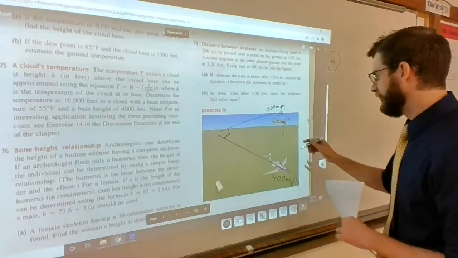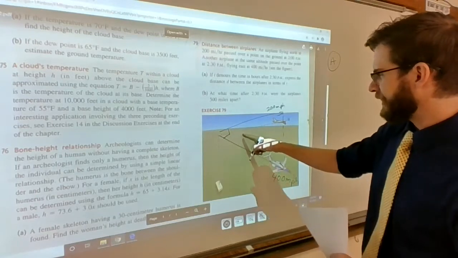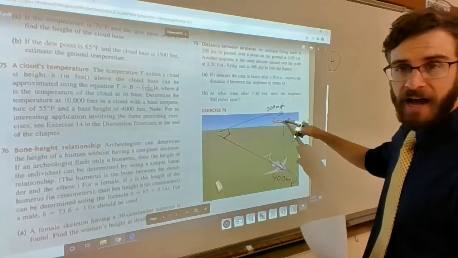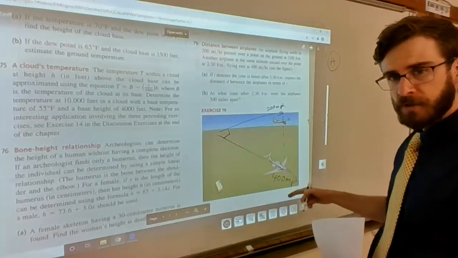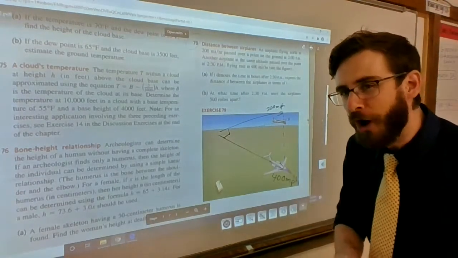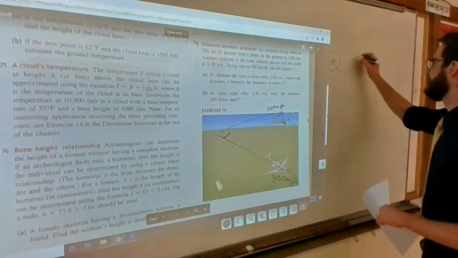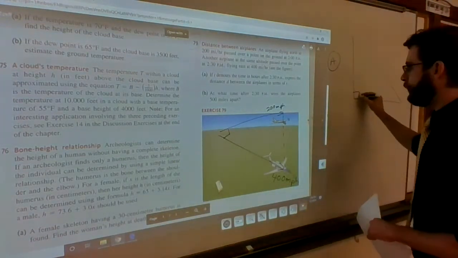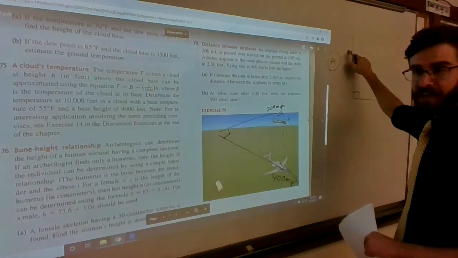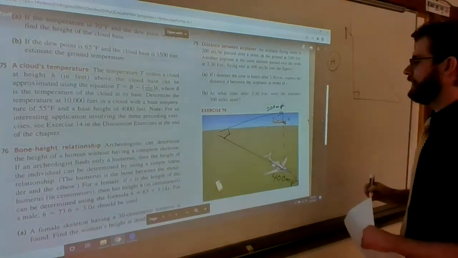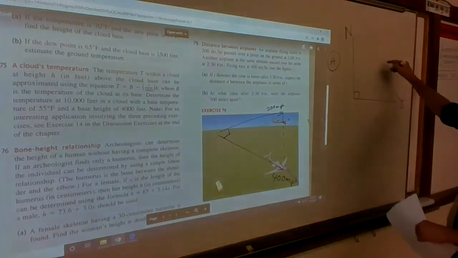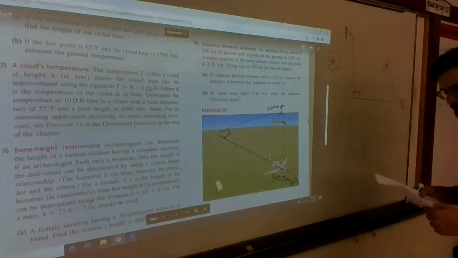This is for sure a right triangle in which the hypotenuse is the distance between the two planes. So I'm going to redraw it so we can see it a little better. So we'll say this is the northbound plane. This is the eastbound plane. And this is going to be the distance between the two.